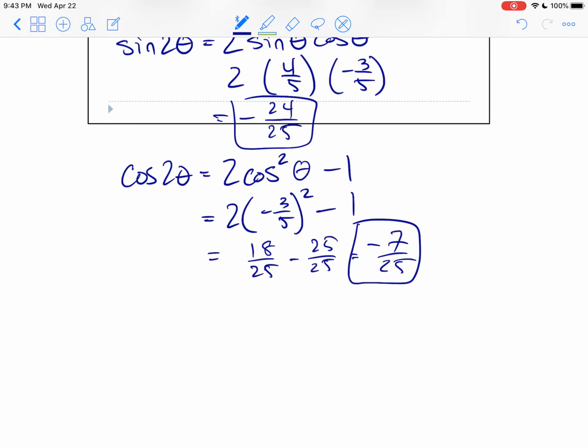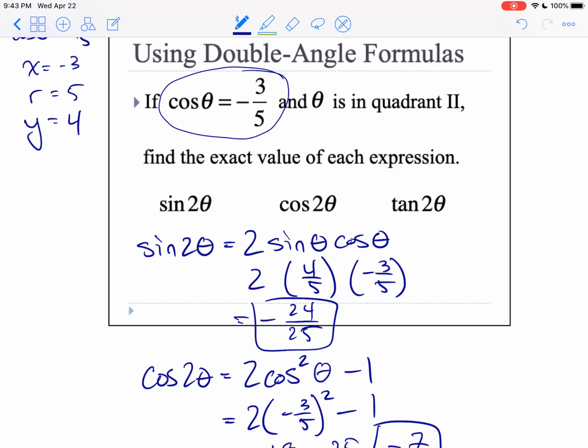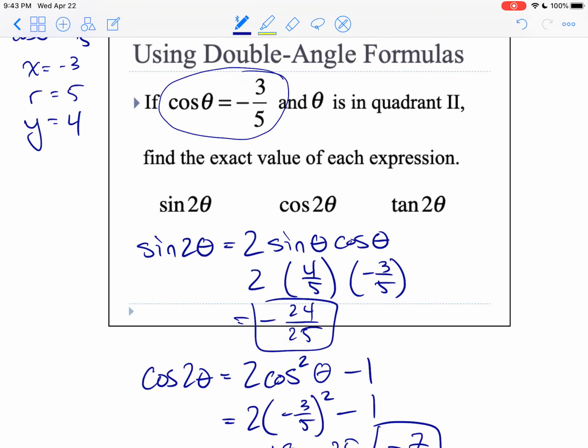And now let's find tangent of 2 theta. So again, we found the double angle formula for tangent is 2 tan theta over 1 minus tan squared theta. And again, we already found what x and y were over here.